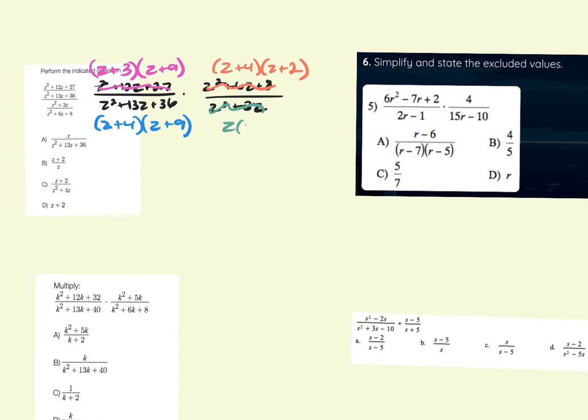Bottom right, z, and then z plus 3. And then comes the canceling, the z plus 3s, the z plus 9s, the z plus 4s. All that's left is that z plus 2 over z. Yes, sorry, over z. There's a z in there. Z plus 2 over z. This one, b.